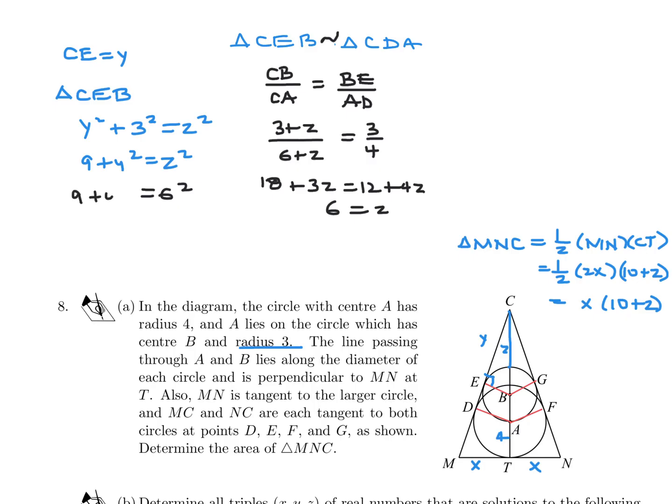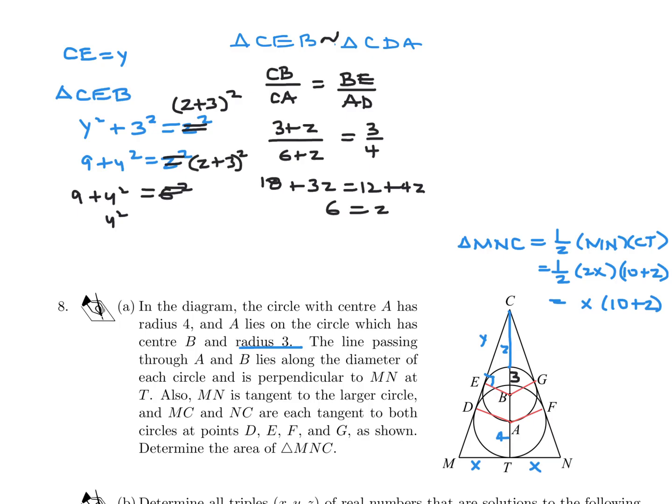9 plus Y squared. So therefore, Y squared would be 36 minus 9, which is 27. Hold on. Let me just do this, if I did this correctly here. Sorry about that. This is not Z squared. This is Z plus 3, because I got to add that. It's a good thing I caught it. So it would be Z plus 3 squared.